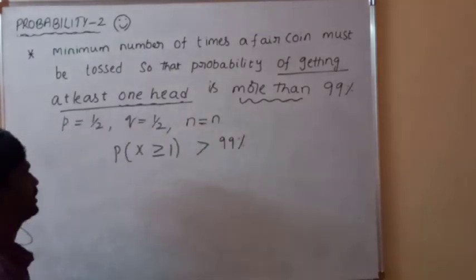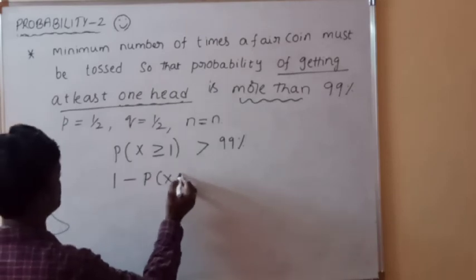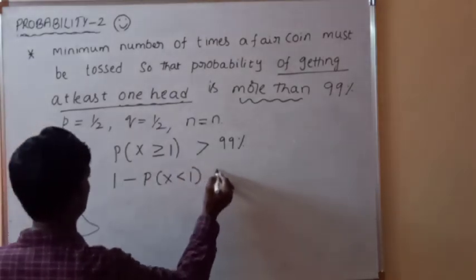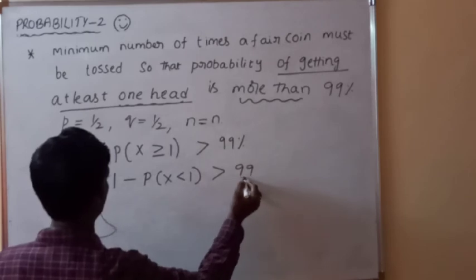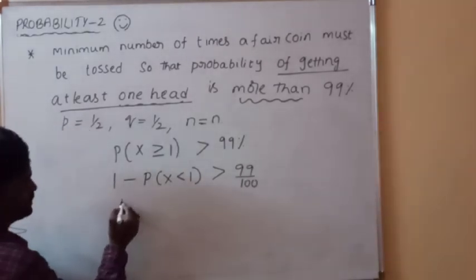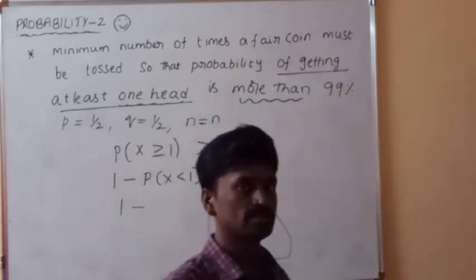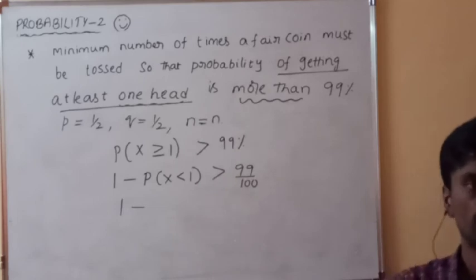Now P of X greater than or equal to 1 is the same as 1 minus P of X less than 1. So it is greater than 99 by 100. From this, what we can write: 1 minus P of X less than 1. P of X less than 1 is nothing but P of 0 here.